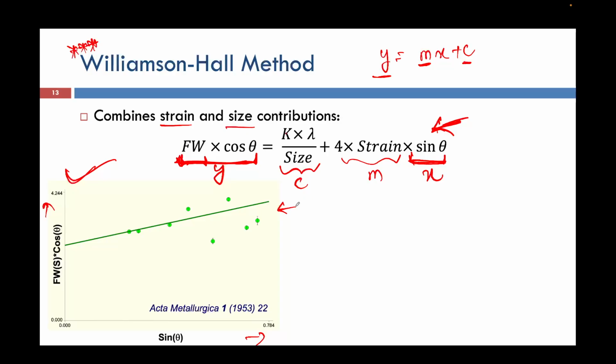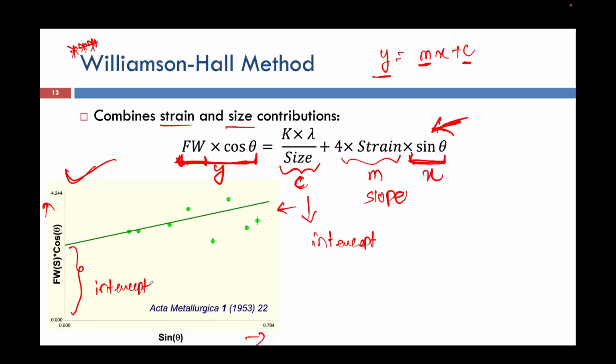If they give this, they might ask you what is the size of the crystal. Then what do you have to do? You know that C means the intercept, y is equal to mx plus C. So m is the slope, C is the intercept. If someone gives you this kind of graph and asks what the intercept is, you will know that this is my intercept. What is the slope?